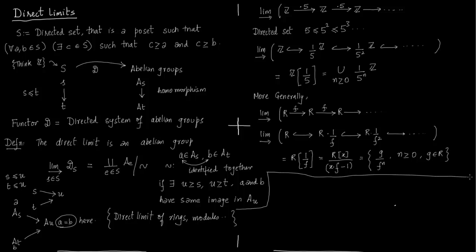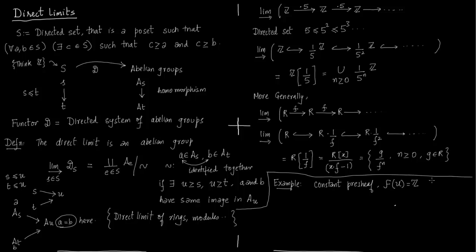Another example is, so let f be a constant presheaf. By constant presheaf we mean that, for example, for any open set U, f of U say is integers. So it's a constant presheaf.